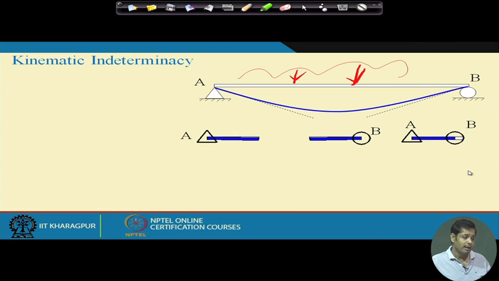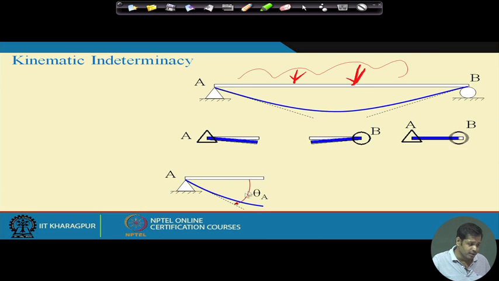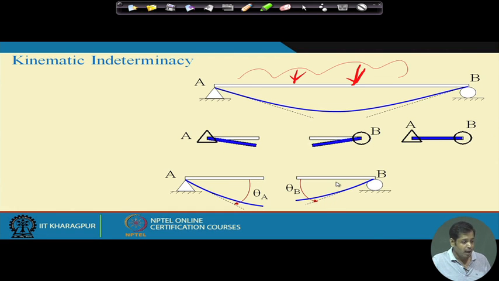Okay. So, in this structure, if we only concentrate at the joints, then at joint A we have just 1 degree of freedom, which is rotation theta A, and at joint B we have rotation theta B, and also translation.